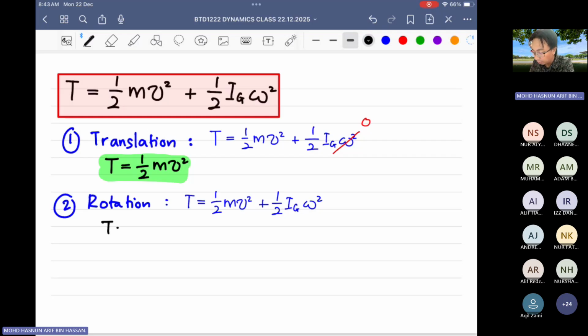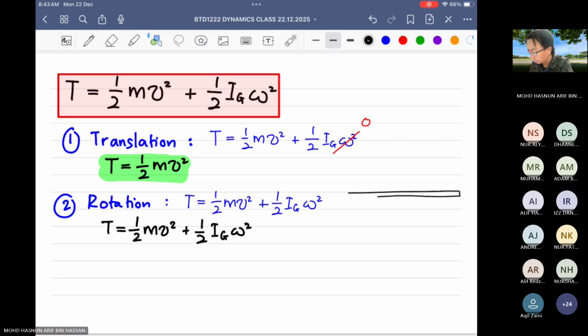T is equal to 1/2 mv² plus 1/2 Ig ω². But also for rotation, let's take for example a rod like this, and the rod is, let's say, fixed here.